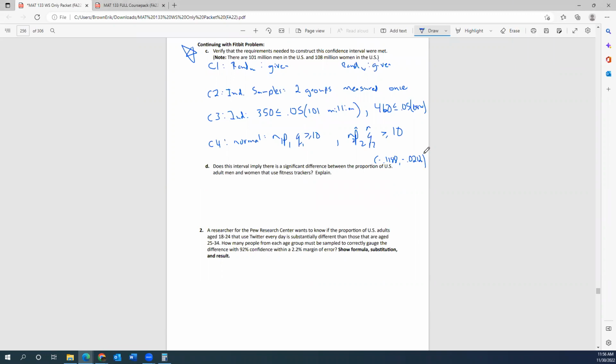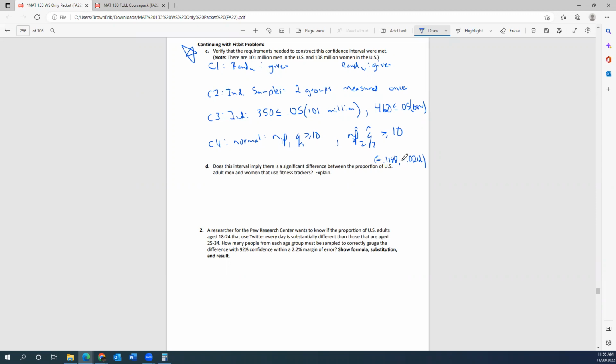For those of you that were not in class last night, remember you're thinking about whether 0 is inside of your interval. Is 0 contained inside of your interval? No, it's not. So if it's not, then there is a significant difference.